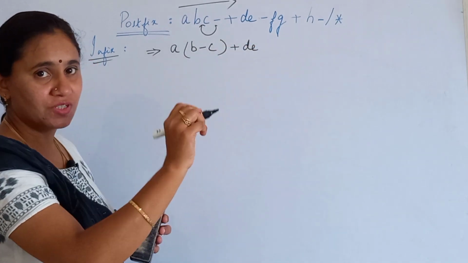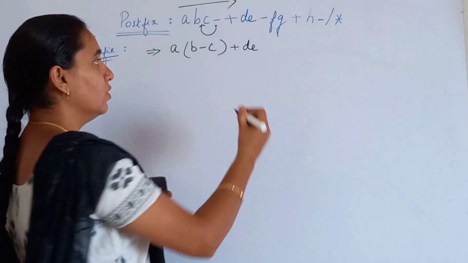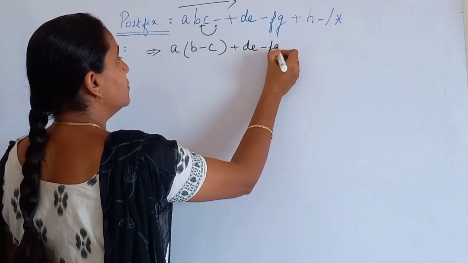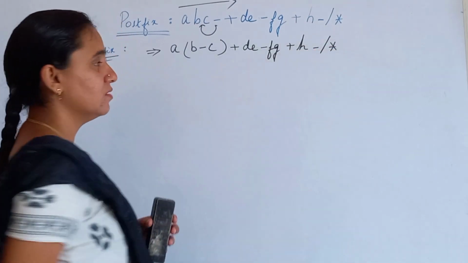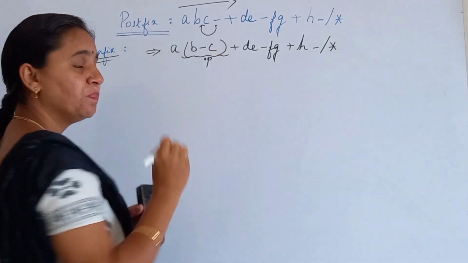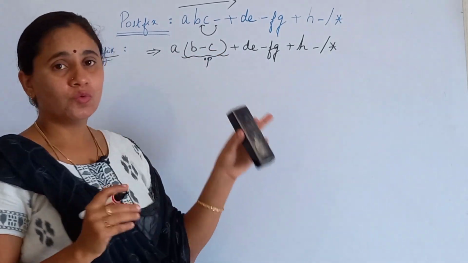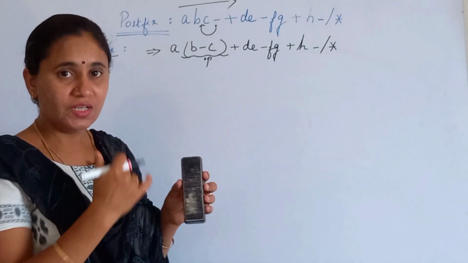Write the remaining expression as it is, so each and every step I must solve: minus FG plus H minus slash and asterisk. Now you see this is your complete operand, the expression which we have got now. So now you proceed with the next step.